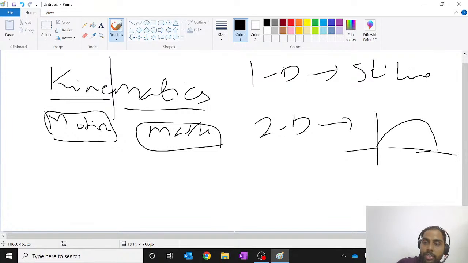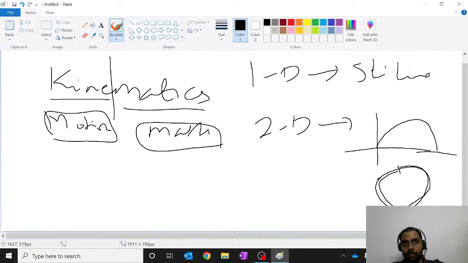That is one case. The second is circular motion, where a ball moves around a circular path, like a racing track. So this is all 2D. What we are going to deal with is completely the kinematics part, which is straight line motion, or one dimensional motion.